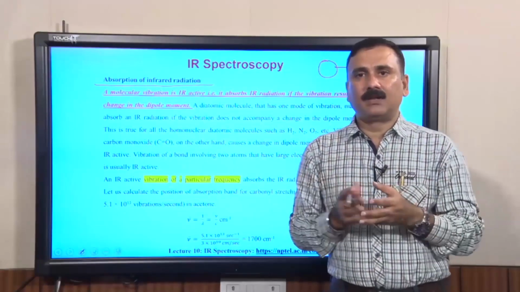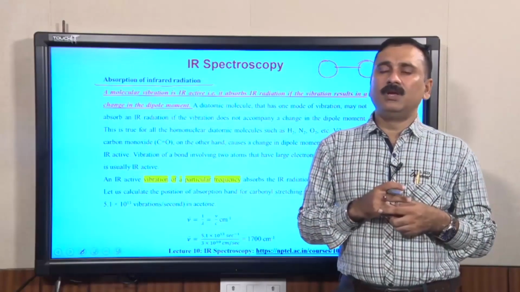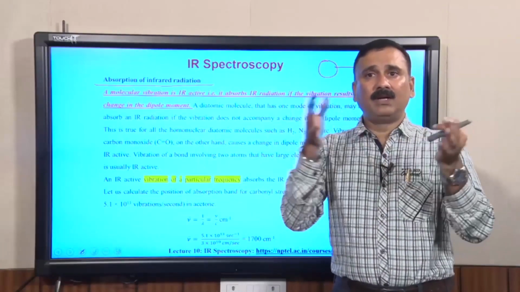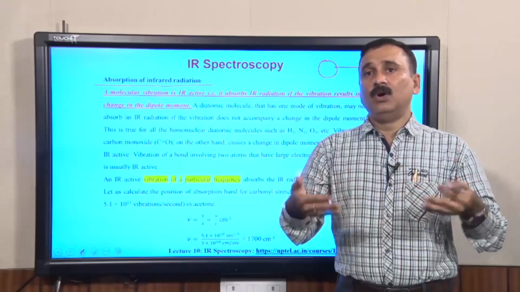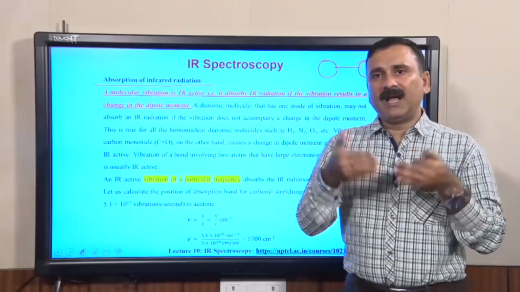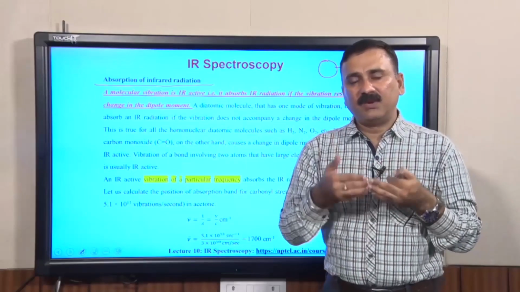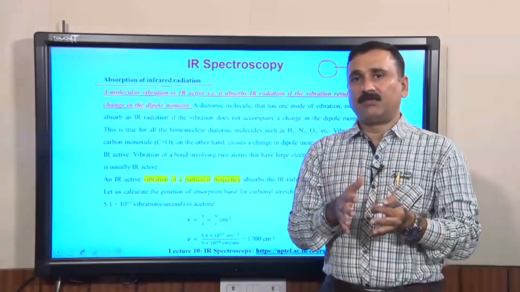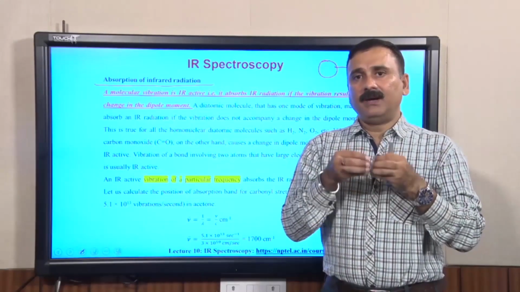If you have non-bonded atoms, like sodium chloride, NaCl is not going to give you IR absorption, because the sodium and chloride are not forming a molecule, as there is no covalent bond. So the prime requirement of IR absorption spectroscopy is that the molecule is IR active only if the two atoms are associated with each other by a bond.